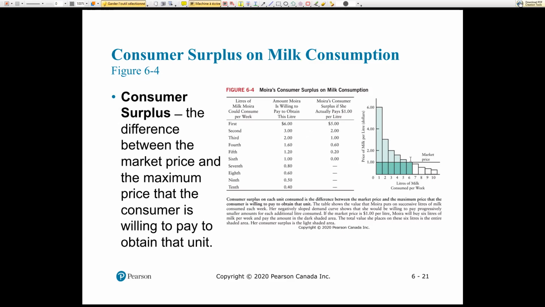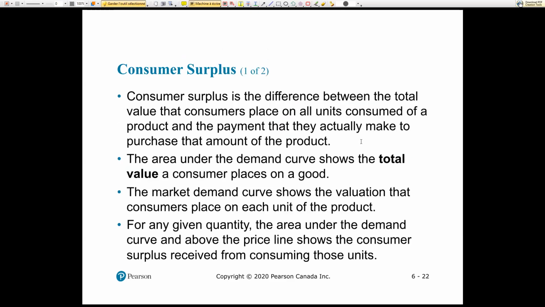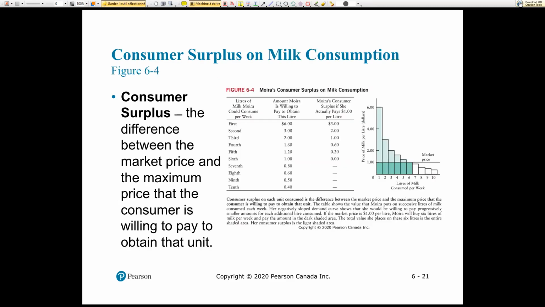And so the surplus is the difference between the total value and the total amount actually spent. Yeah, so that's not a difficult concept. If you want to compute it very easily, it's the area below the demand curve. Here it's the demand for one person, but you would have the same for a market, and above the market price.